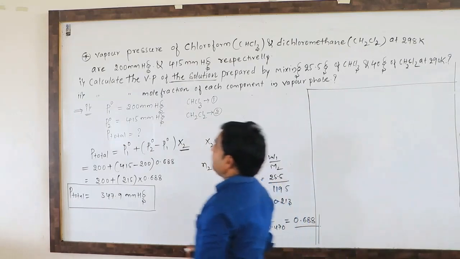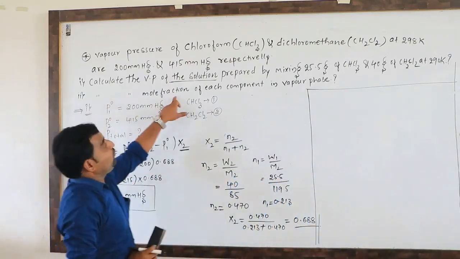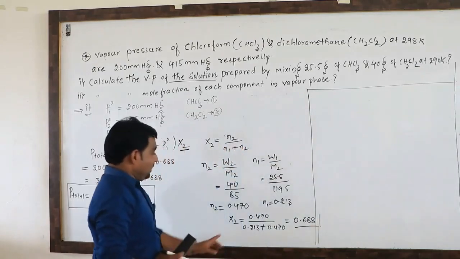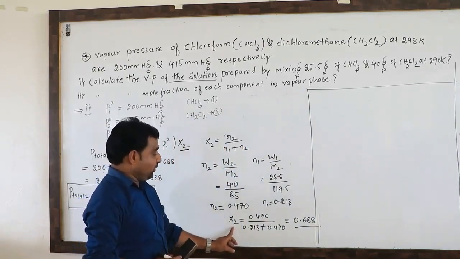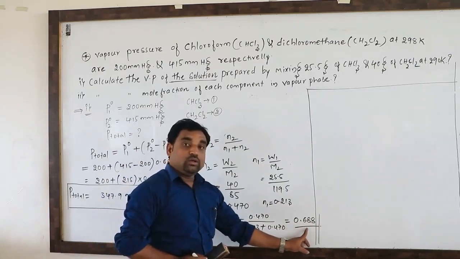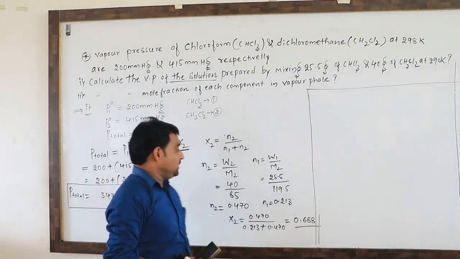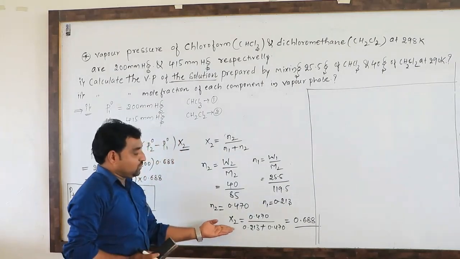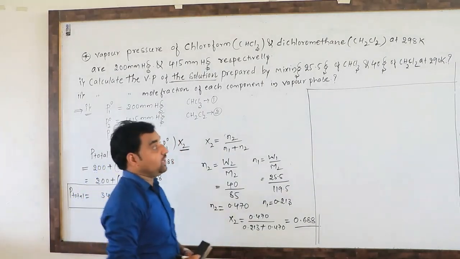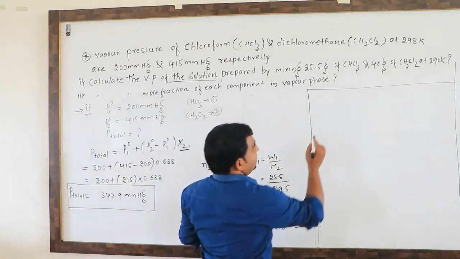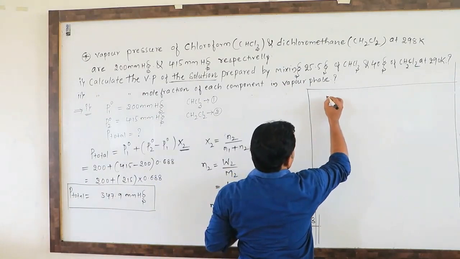The second one is to calculate the mole fraction of each component in the vapor phase. X2 is the mole fraction of the second component in solution, which we already calculated. X1 we have to calculate also. Those are the mole fractions in solution. We have to calculate the mole fractions in the vapor phase, that is Y1 and Y2.